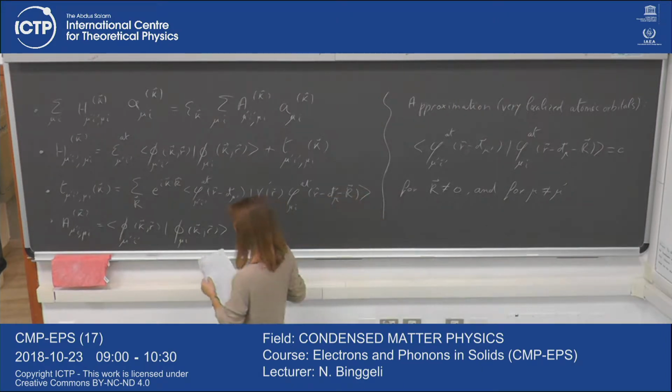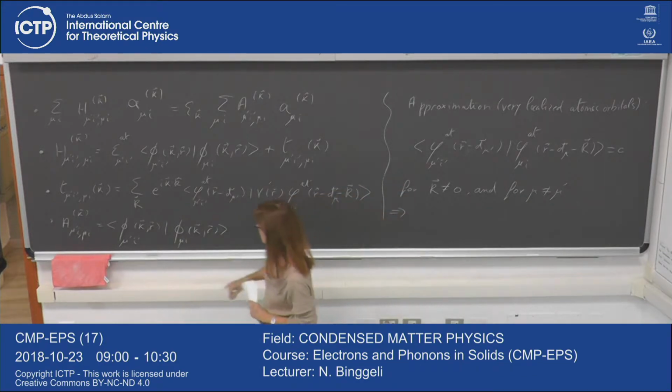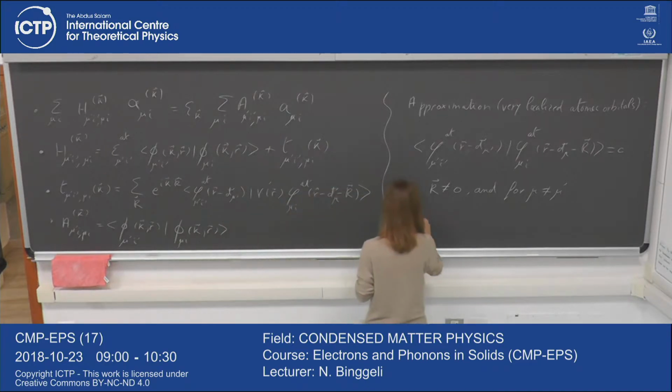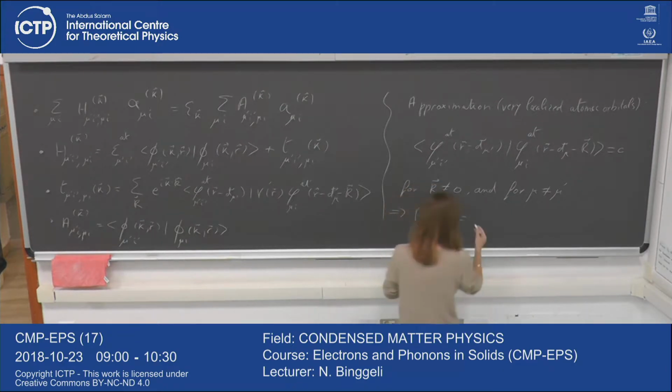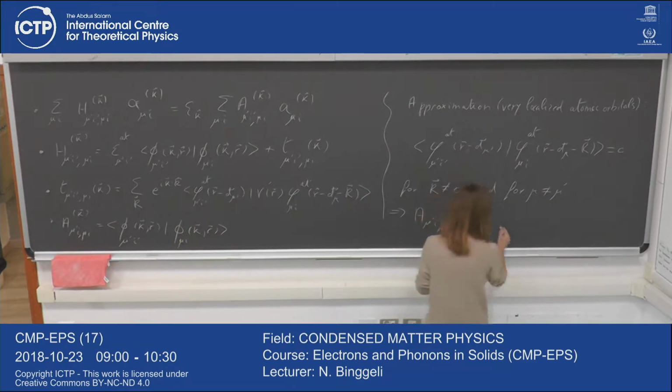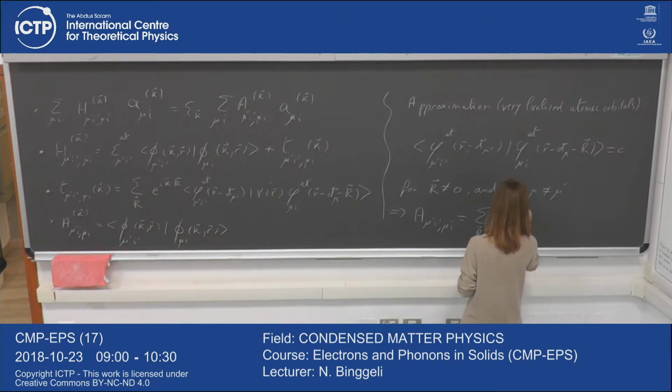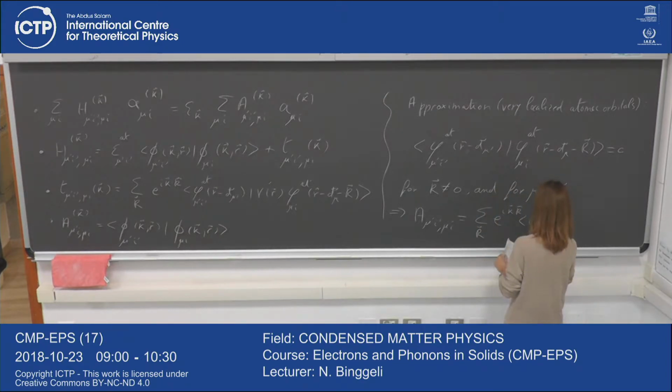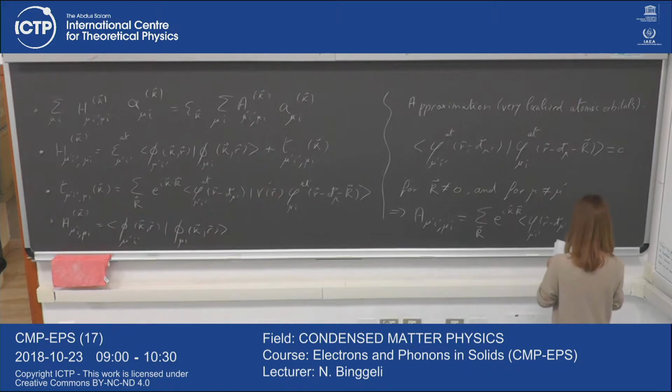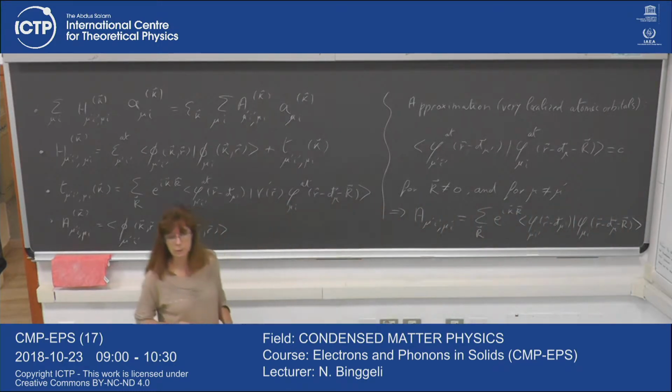And this implies that our S matrix element mu prime I prime mu I is equal to the sum over the lattice vectors exponential i k R, the matrix element between the atomic orbitals phi mu prime I prime of r minus d mu prime, phi mu I of r minus d mu minus R. So this is what we had for the overlap matrix.